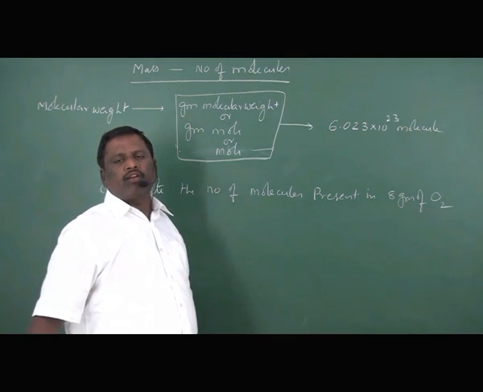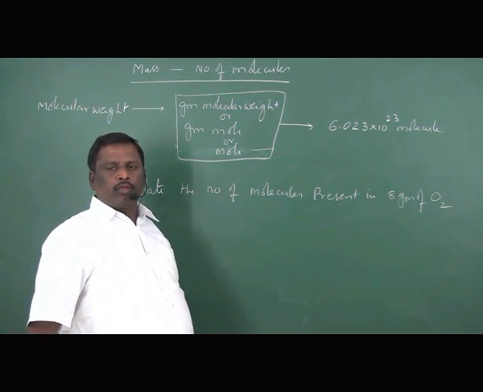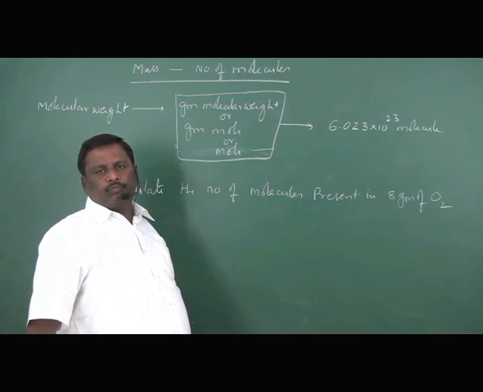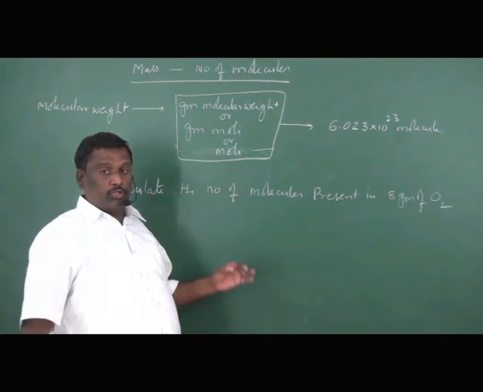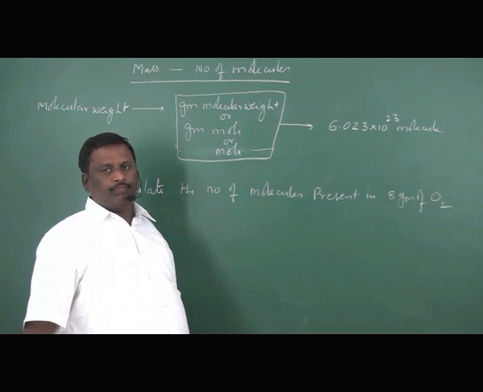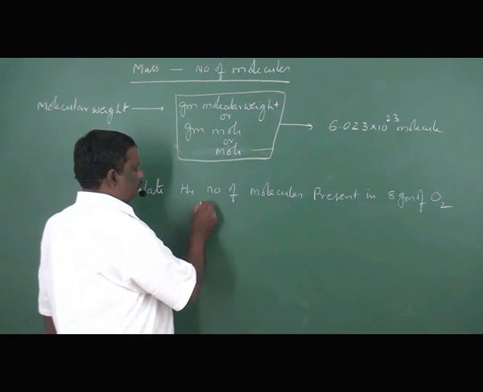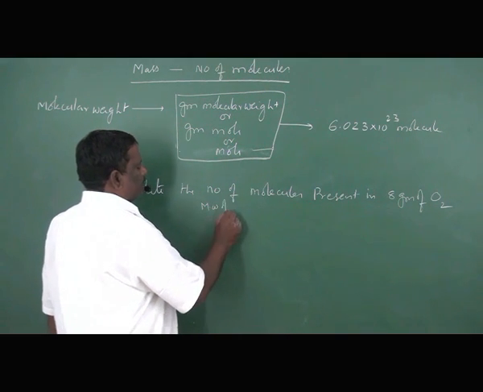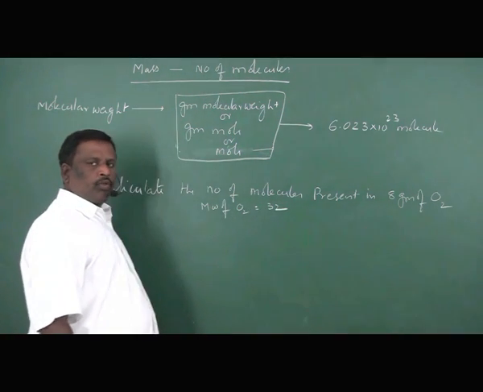In any problem, we already know that to calculate the number of molecules, we should know the molecular weight of the substance. Here the substance is oxygen. So the molecular weight of O2 is 32.